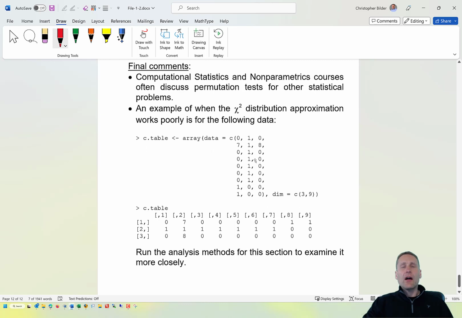Okay, so some final comments here. These permutation tests are used in a wide variety of situations beyond just simply testing for independence in a contingency table. Typically where these permutation tests are talked about extensively are in computational statistics courses or non-parametric statistics courses.